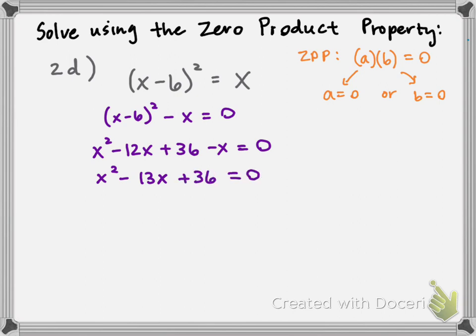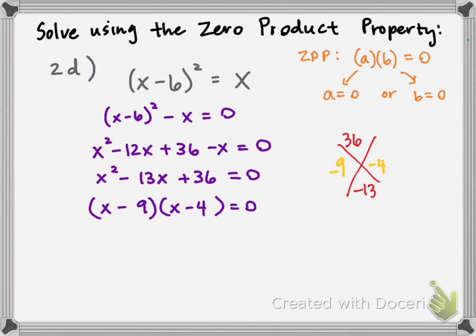And then let's factor that. So off to the side, I'm going to do my little x method. What two numbers are going to multiply to positive 36 that add together to negative 13? Do you agree that that's -9, -4? So from here, I can then factor back what I had, and I can say that that's (x - 9)(x - 4) = 0.